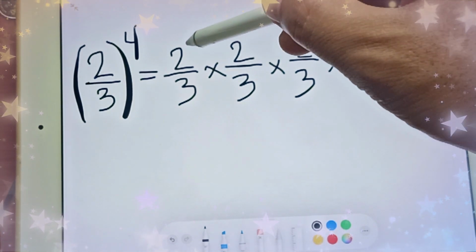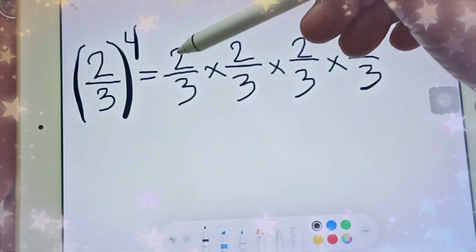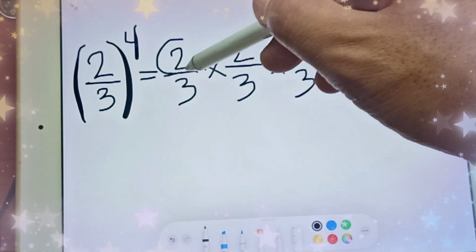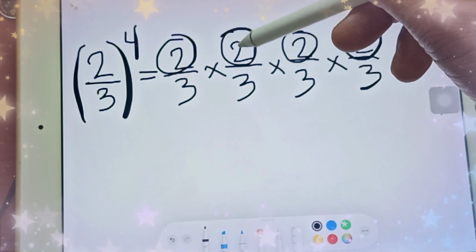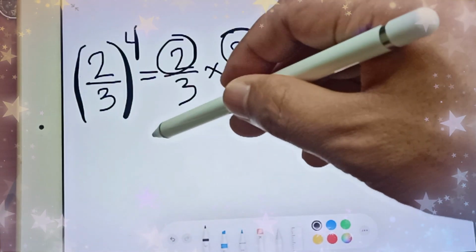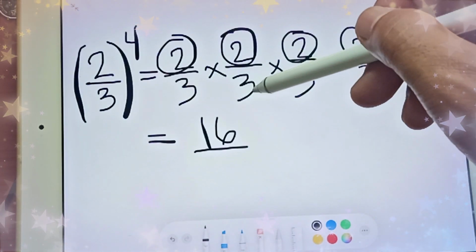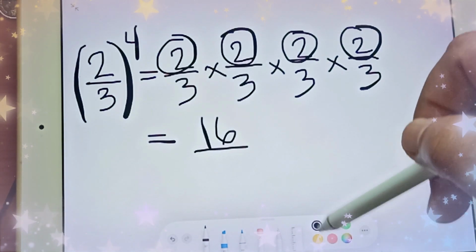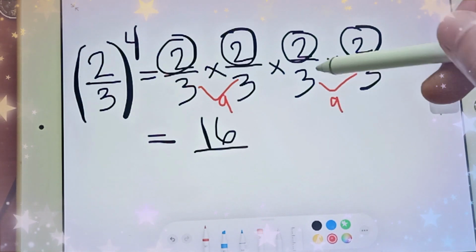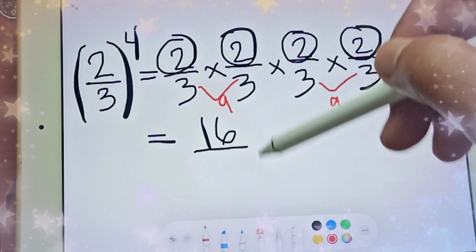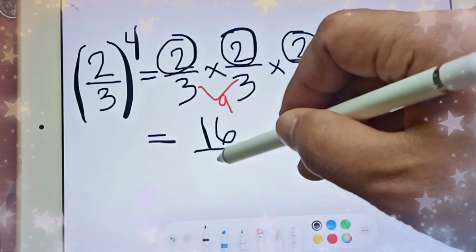Then multiply first all the numbers on top, the numerator: 2 times 2 times 2 times 2. 2 times 2 is 4, times 2 is 8, times 2 is 16, over 3 times 3 times 3 times 3, which is 81.